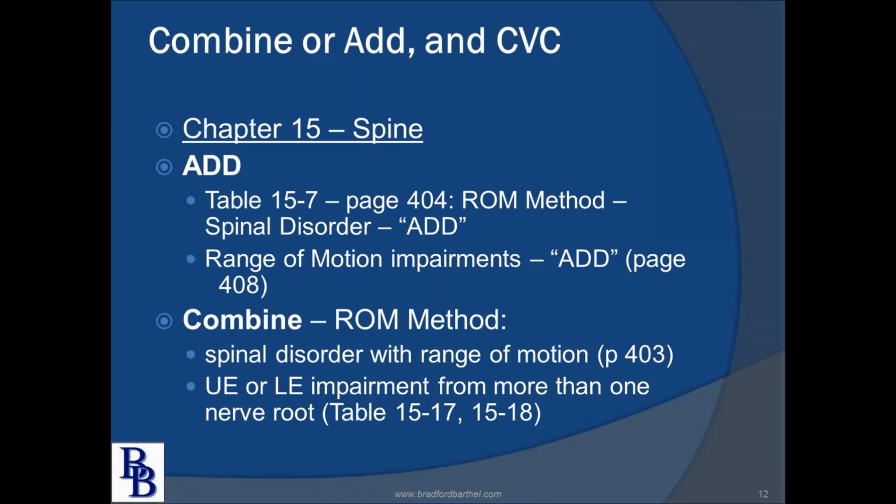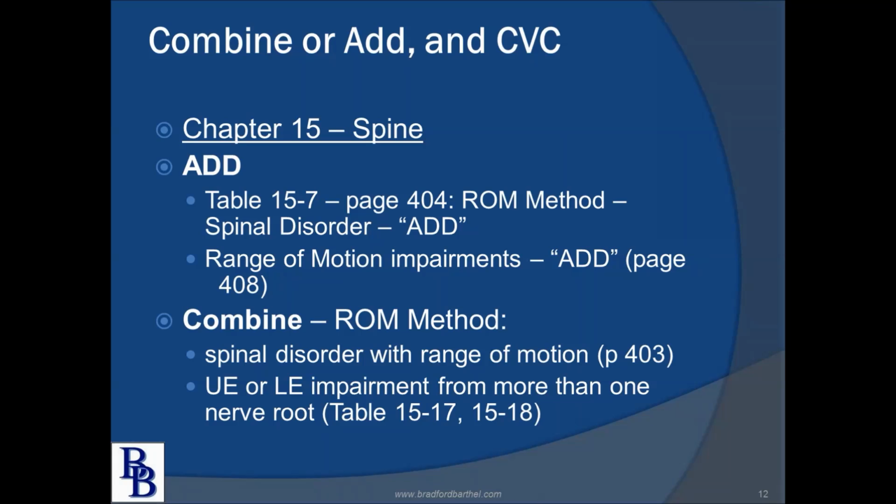Also, with the range of motion method for the spine, there are more than one motions that get evaluated for each region, for the cervical, thoracic, and lumbar spine regions, and we add those. So the instructions on table 15.7 tell us to add. Page 408 of the guides tells us to add range of motion impairments.